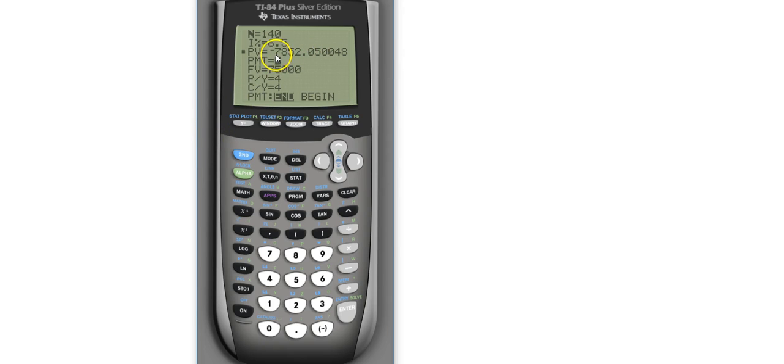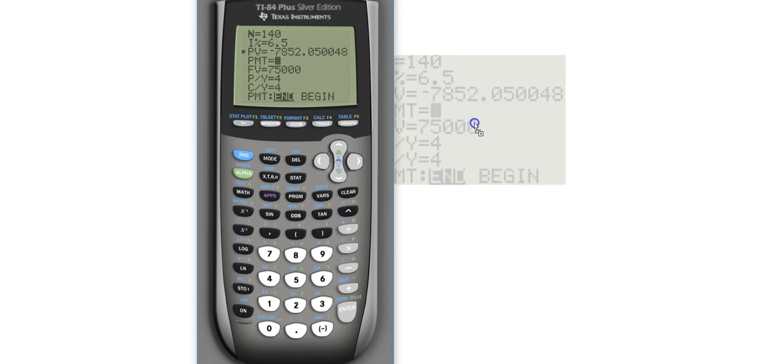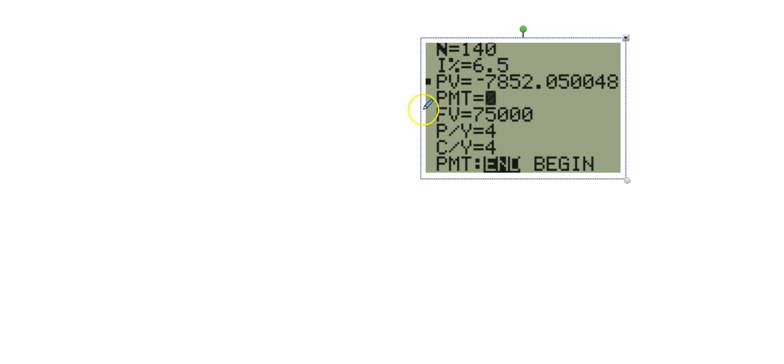And we have a negative sign here indicating that we have to invest. That is the money going out of our account, from our savings, into that deposit. The money we are spending initially to get that 75,000, right?